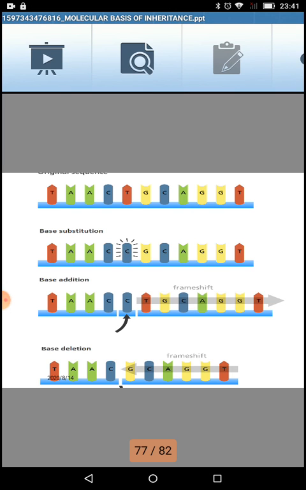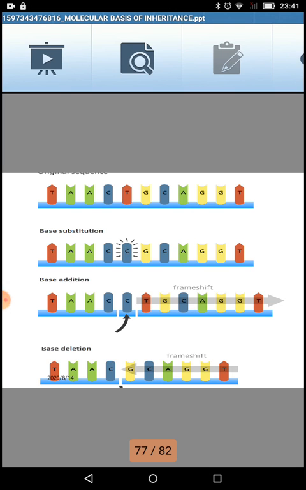CTG might be synthesizing one type of amino acid, but once the T is replaced by C, CCG will code for another amino acid, which was not coded by CTG. So because of the substitution of one nucleotide base pair, another amino acid is coded.